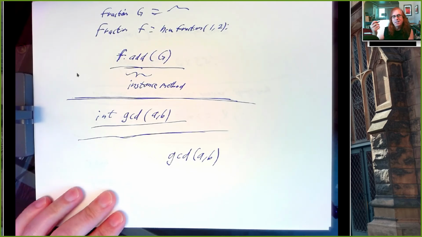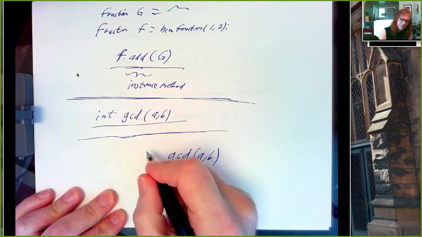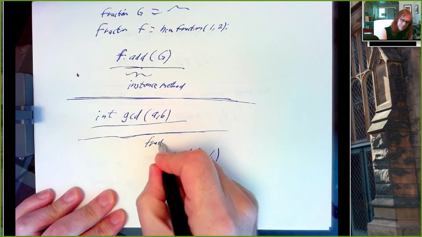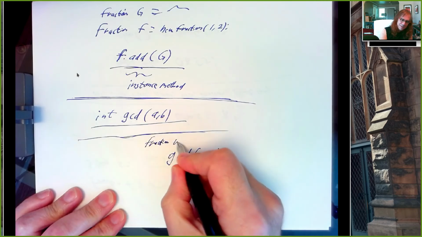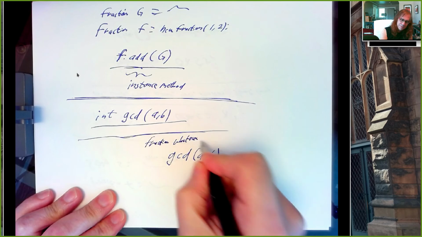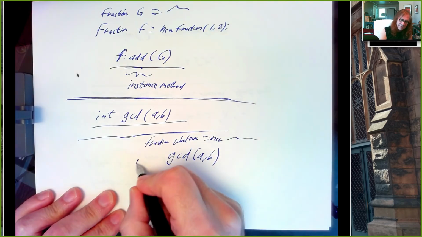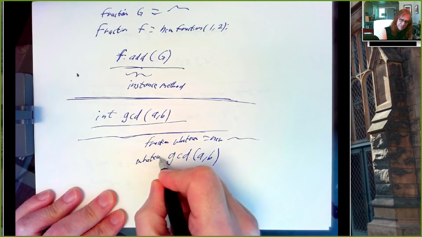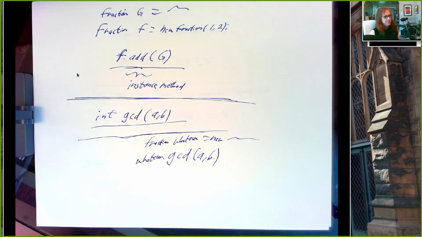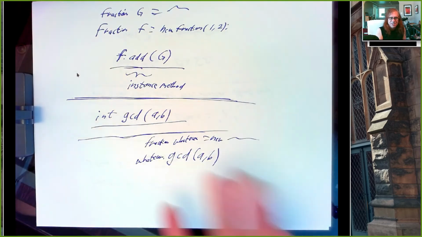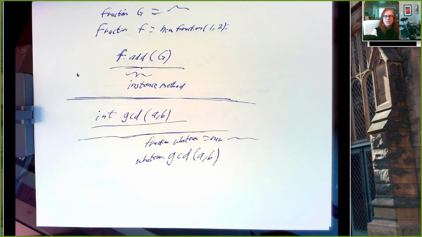I would have to create a useless fraction. We'll call it fraction whatever, and we'd have to construct it. And then I could say whatever dot GCD. And I'm making this thing just so I have a way to get a hold of GCD. And that doesn't really make any sense.